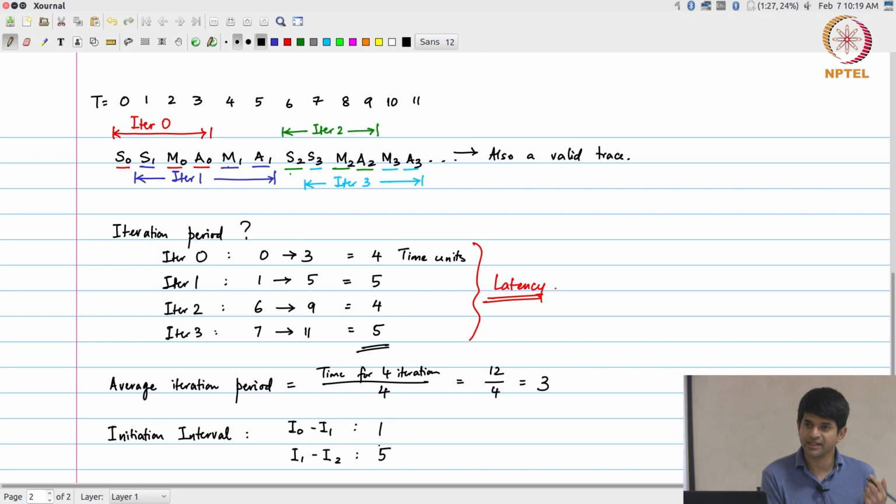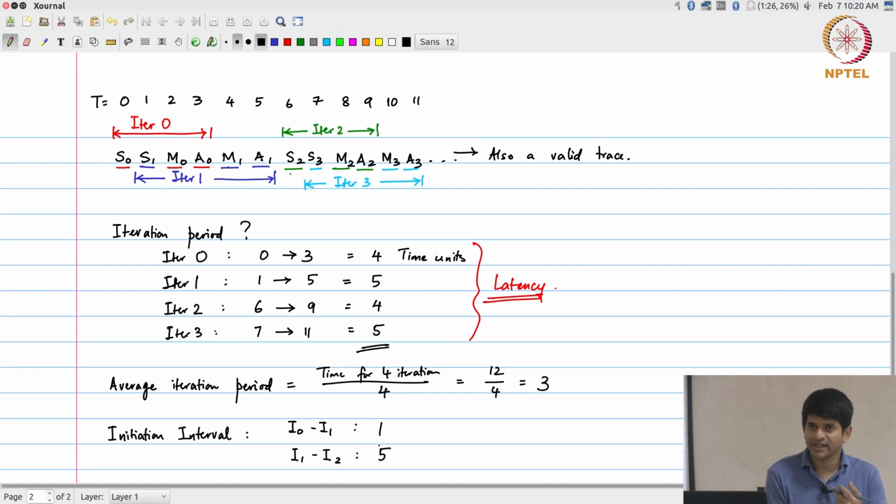One is the iteration interval, the initiation interval, right? It had a minimum value of 1, that is I started I0 on 1 clock cycle, and in the very next clock cycle I started I1. Therefore within 1 clock cycle time difference, I am able to start my next iteration, not complete it but start it, okay, that is my initiation interval.